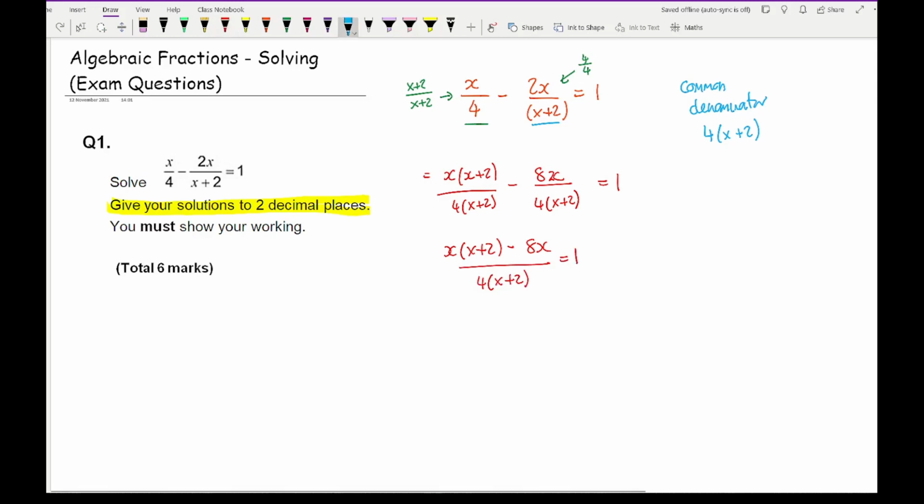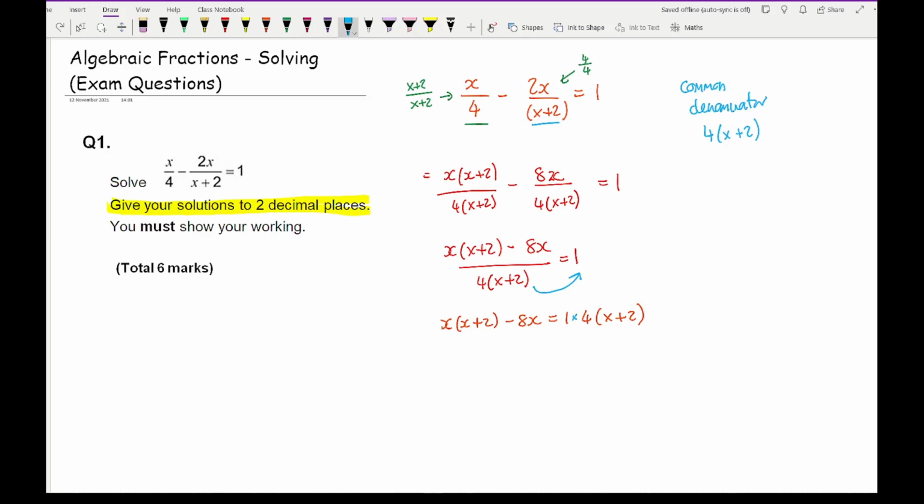Now again, there's a couple of things we can do here. I'm going to take the denominator over to the other side. So what I end up with is x times x plus 2 minus 8x equals 1 times 4 times x plus 2. Now what I'm going to do is just get rid of that bracket, and all I've done there is just multiplied them out.